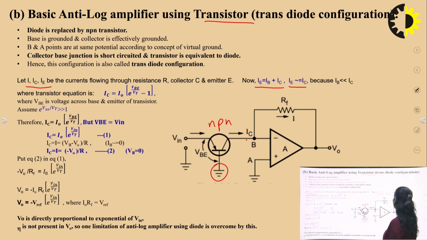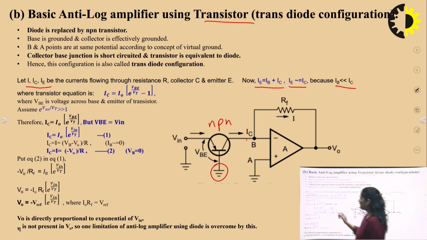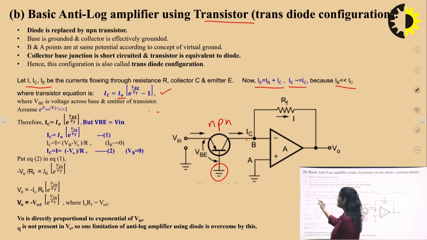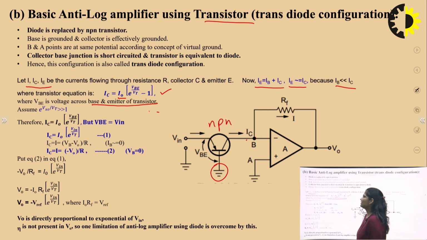We assume IB is less than IC, so IE is nearly equal to IC. The transistor equation is IC, collector current, equal to saturation current Is in bracket e to the power VBE upon VT minus 1, where VBE is the voltage across base and emitter. If we assume e to the power VBE upon VT is greater than 1, we can write IC equal to Is e to the power VBE upon VT.